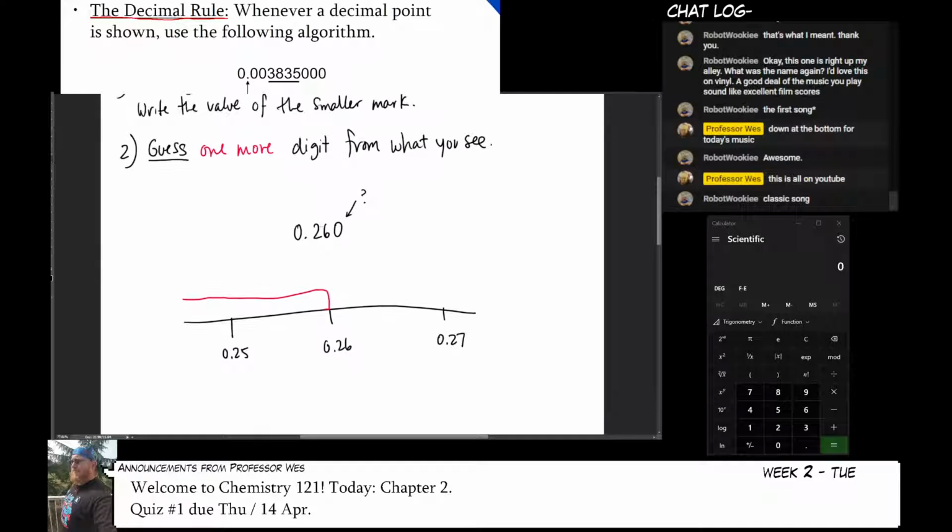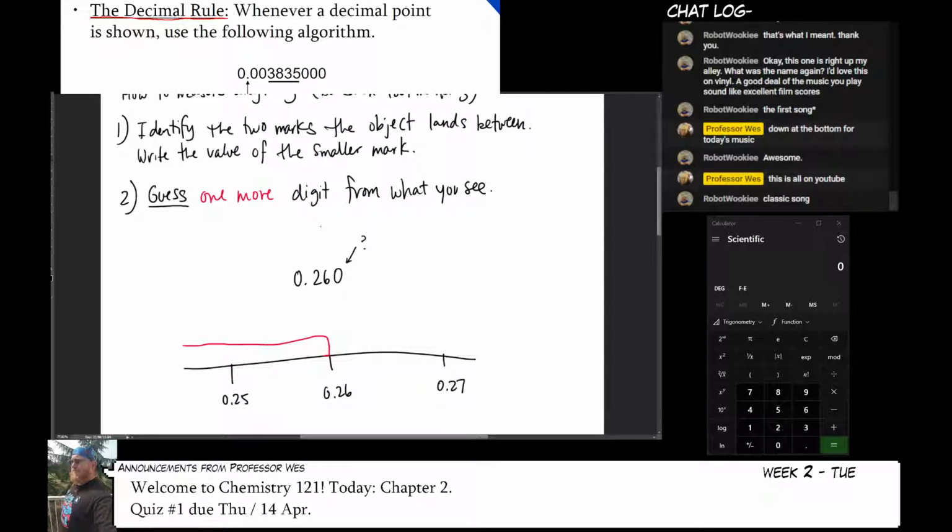So let's follow the rules for measuring, because I didn't erase them, and it turns out it's immediately relevant. Identify the marks that the object lands between. Well, it landed right on this one, so I'm going to say that it's between these two. And I'm going to write the known digits based on the mark. Then I'm going to guess the next digit. What is the next digit? Because it landed right on the line, the next digit is 0.